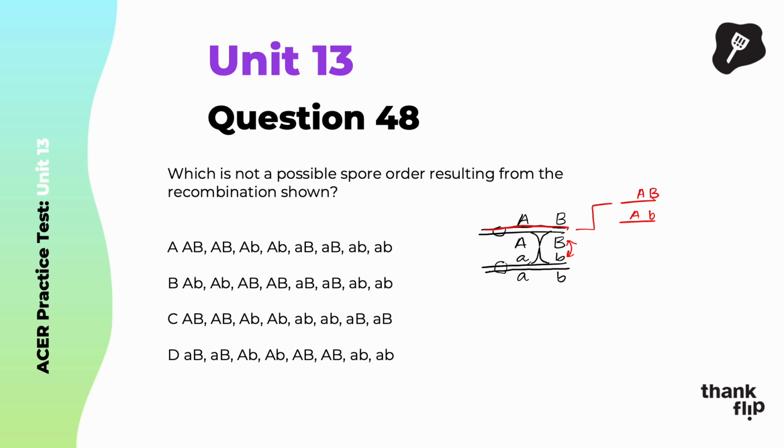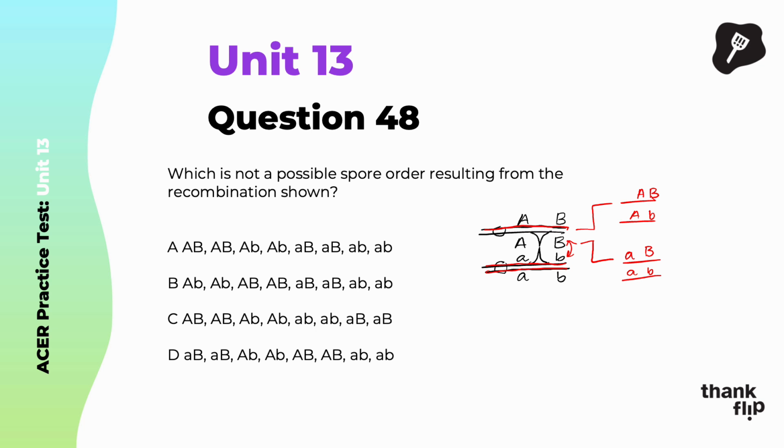Then you're going to have this one here from when they've swapped. So you're going to have lowercase a, capital B. And then you're just going to have this one here, and that is lowercase a, lowercase b.